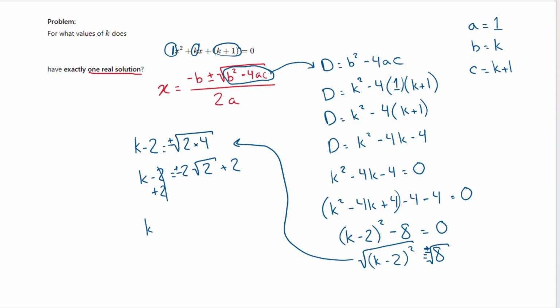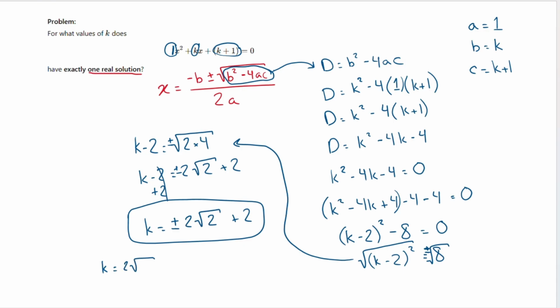And you will get that your values of k that make the expression have exactly one real solution are positive or negative 2 square roots of 2 plus 2. That's one way to write it. Another way to write it is to say there's a positive and negative version, so you could also say k equals 2 square roots of 2 plus 2.